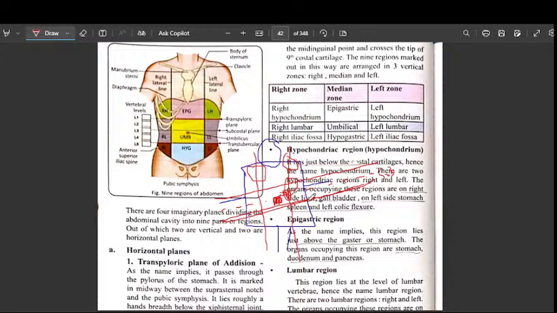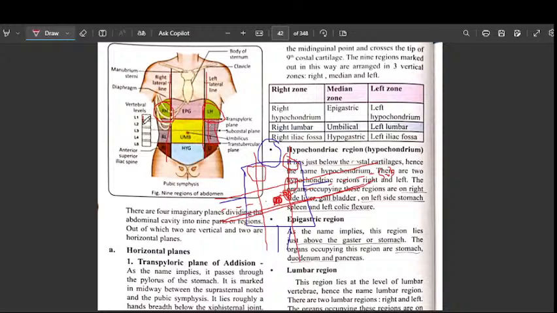Now let us see, this is the left lateral line, that is the right lateral line. The left lateral line contains this part, that is left hypochondrium. Similarly, the right lateral line contains this part, that is right hypochondrium. Now let us see the underneath part of left hypochondrium, that is left lumbar. Why lumbar?